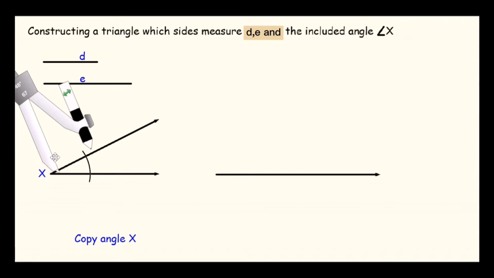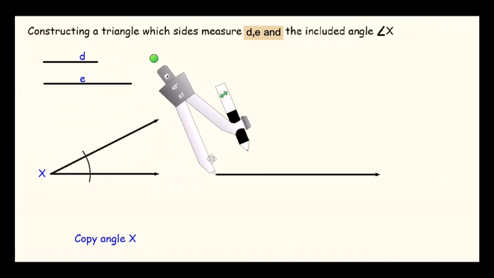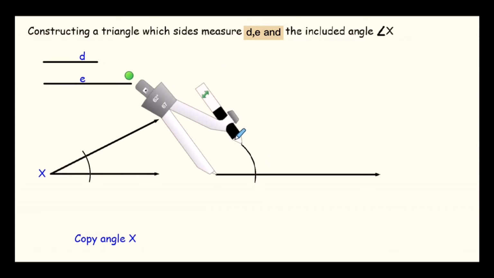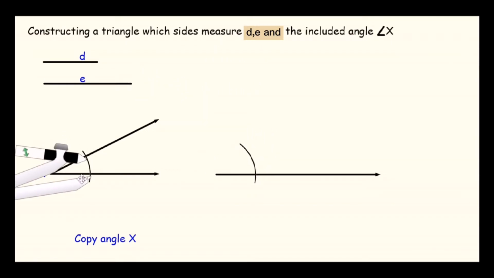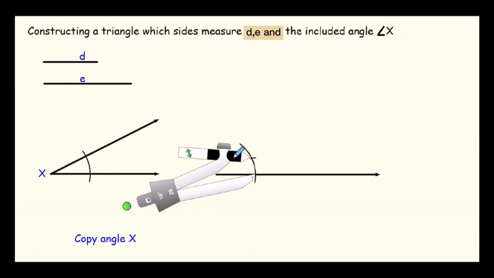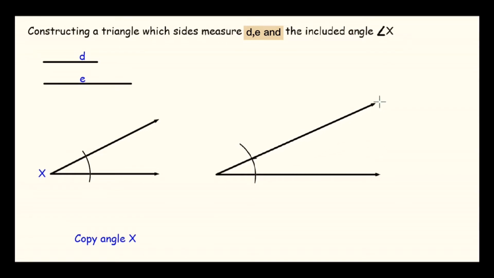Then using the same opening of the compass, place the compass point at the endpoint of the ray. Measure how wide the intersected arc of the angle is and make sure it has the same width. Connect the endpoints and the intersected arc and let the sides of the angle be ray CP and ray CQ.